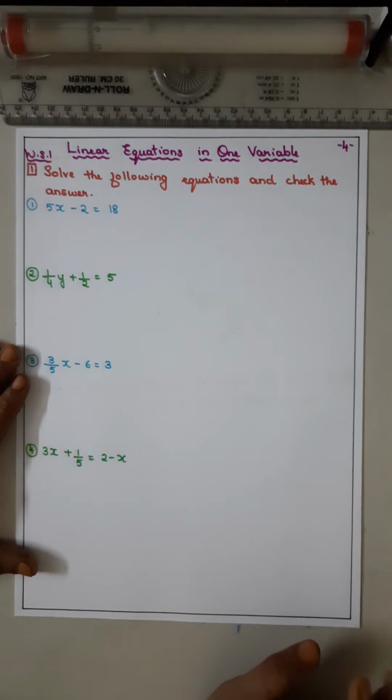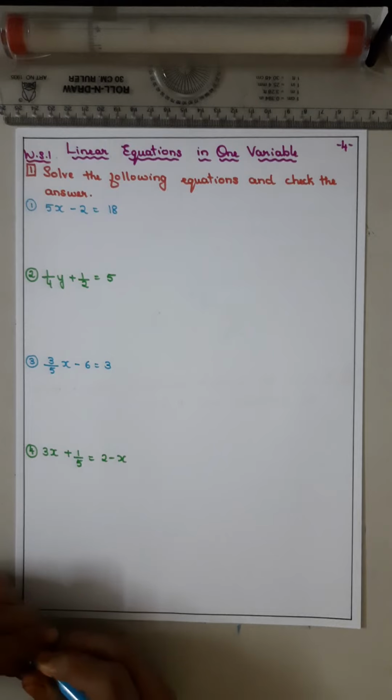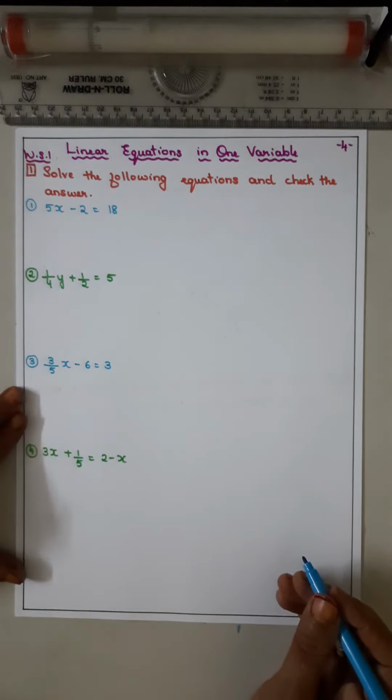We were discussing the lesson linear equations in one variable, isn't it? Now coming to worksheet 1, we have understood the sums and the examples. So we'll start worksheet 1. Solve the following equations and check the answer.